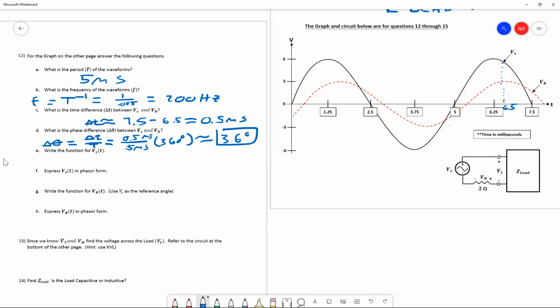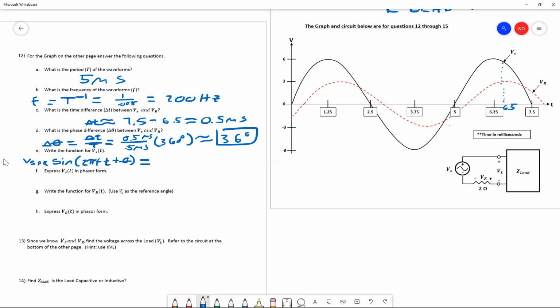Write a function for source voltage. Now we have all the elements we need. Remember, the sinusoid equation would be Vs, its peak value, times the sine of 2 pi f t plus theta, which is its original angle. Since we're using Vs as the reference, its original angle is going to be 0.